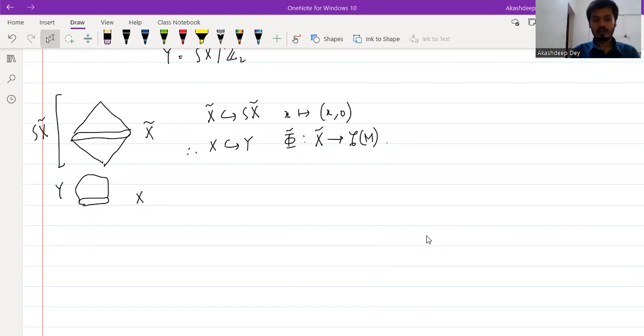So we have the map phi tilde from x tilde to Cm. We are going to define psi tilde from Sx tilde to Cm, which is an extension of phi tilde as follows.